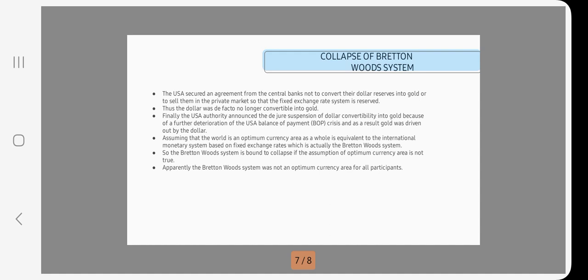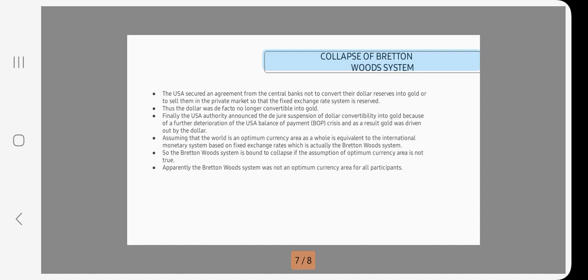Finally, if we assume that the world is an optimum currency area as a whole, it is equivalent to the international monetary system based on fixed exchange rate, which is actually the Bretton Woods system. So the Bretton Woods system is bound to collapse if the assumption of optimum currency area is not true.